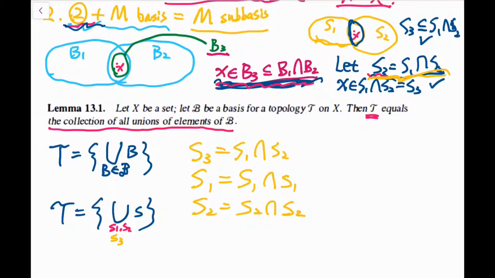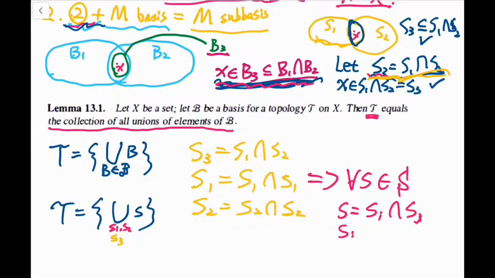Then, based on this idea, we can say that for any element S in the subbasis, we can define it as the intersection of Si with Sj, where Si and Sj are from the subbasis.